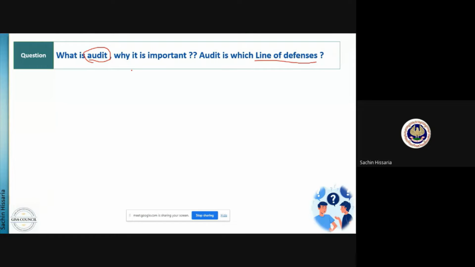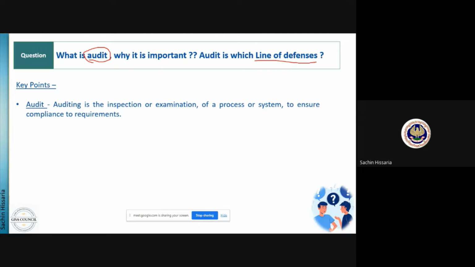Whenever this type of question comes, you need to be very specific in your explanation of what is audit. You need to know the key terms that we use in the audit. If somebody asks me what is audit, audit is an inspection and examination of processes or systems to ensure the compliance requirement.